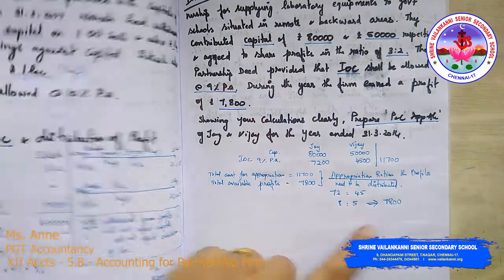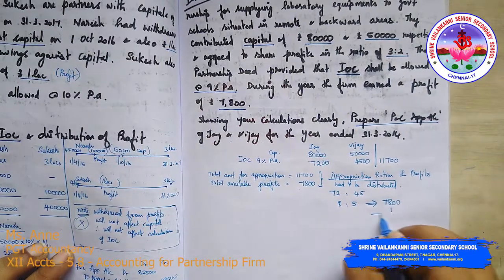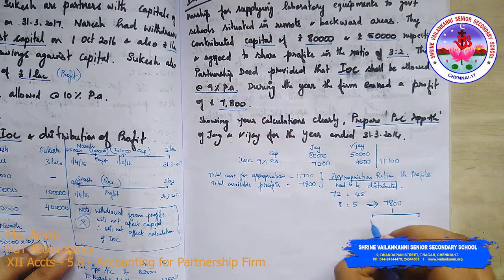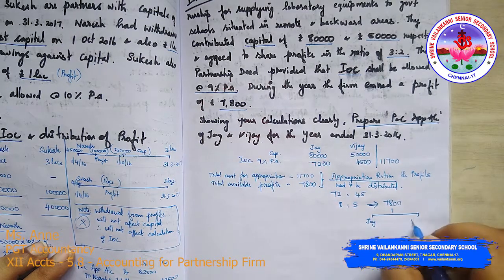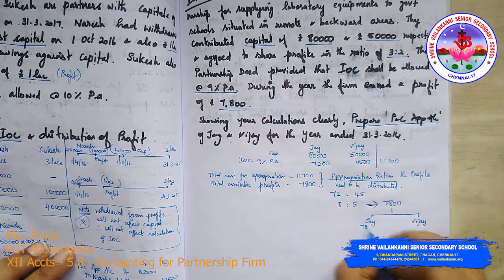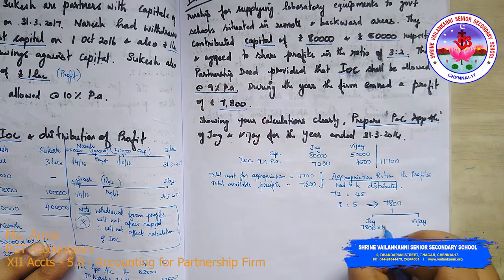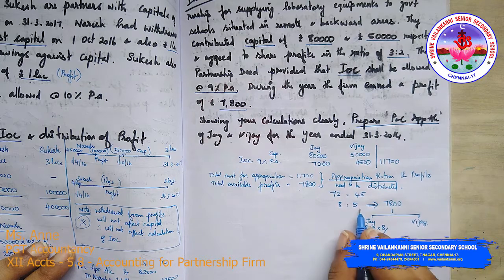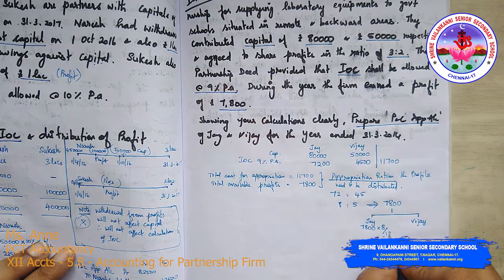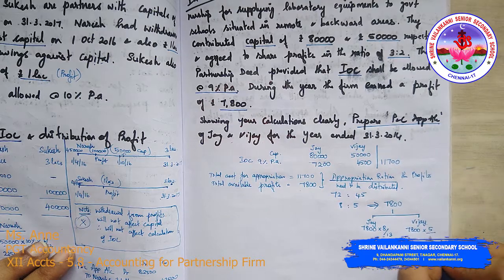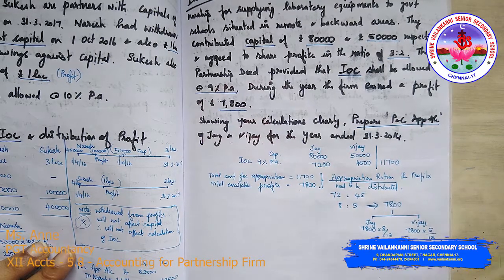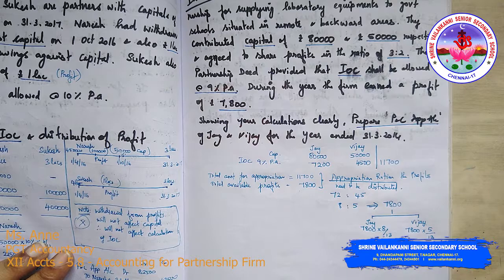So individually each partner, how much he has to get, we will calculate for J and for Vijay. For J it is 7,800 into 8 divided by 13. For Vijay, 7,800 into 5 divided by 13. Okay, so this is what we have to do.